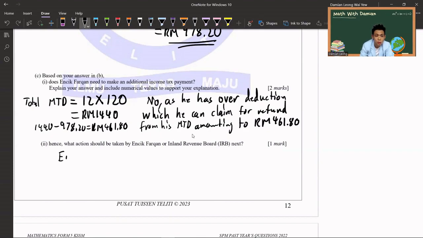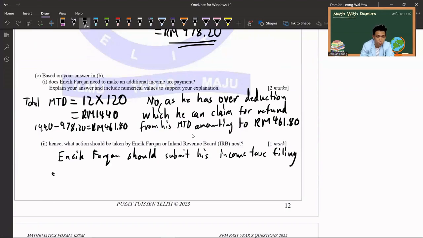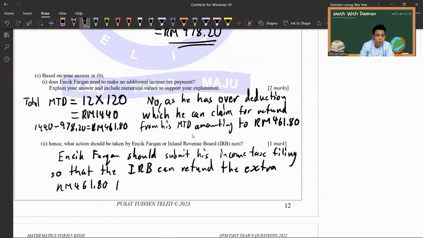So, Encik Farhan should submit his income tax filing so that the Inland Revenue Board, IRB, can refund the extra 461 ringgit 80 cents to him.